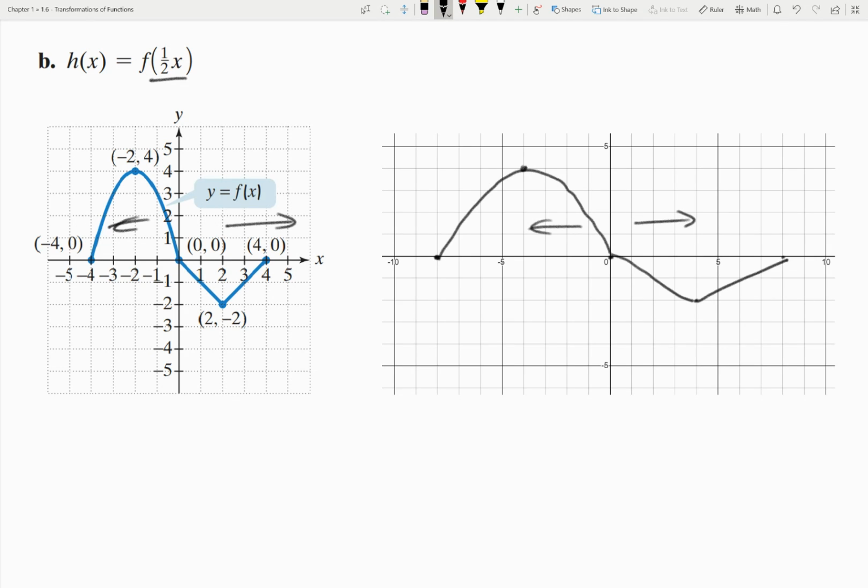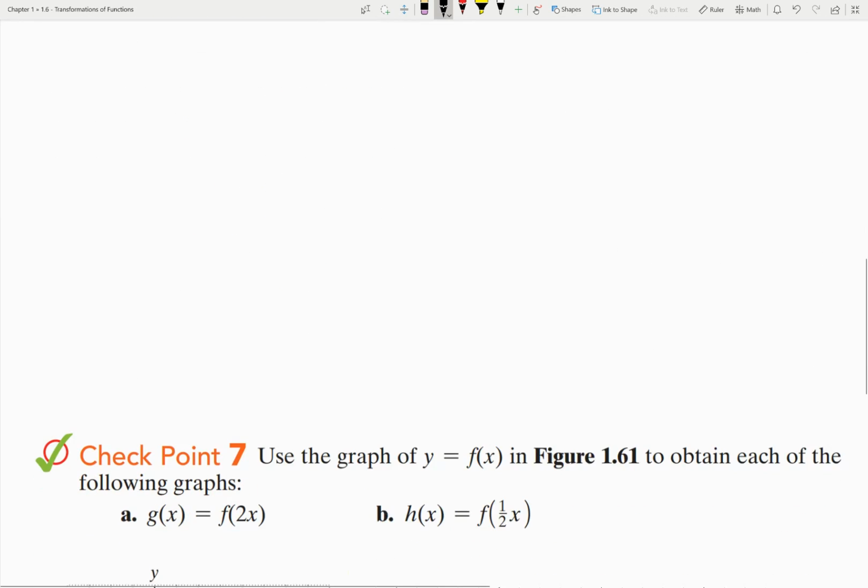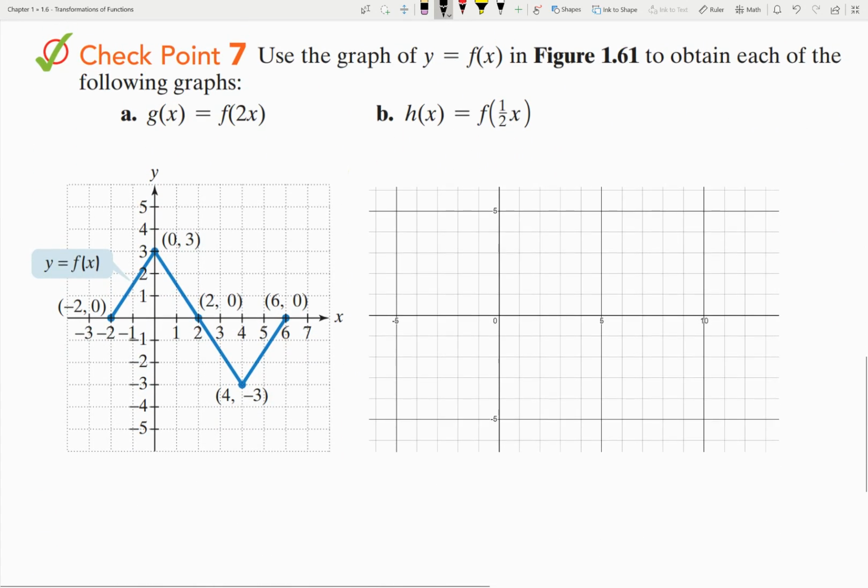Okay. I don't think I did the checkpoint. Good. Let's do the checkpoint here. Okay. So I have another weird looking graph here. Okay. Let's do a 2 and a 1/2.